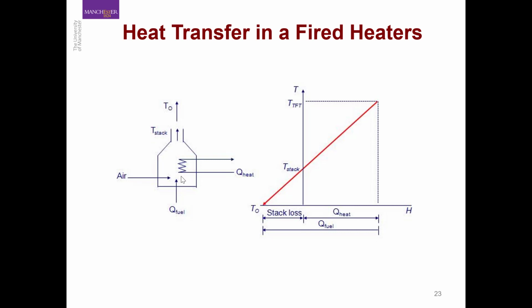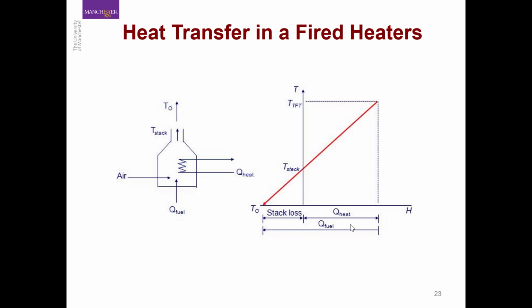We will talk about that in the next part. So here we have, as I said, these two heats, and because we are dealing with energy conservation, these two heats have to be equal. Depending on how much heat is being generated and how much heat is being transferred to the process, we can determine the efficiency of your furnace.